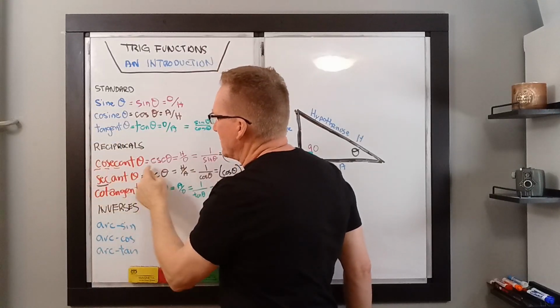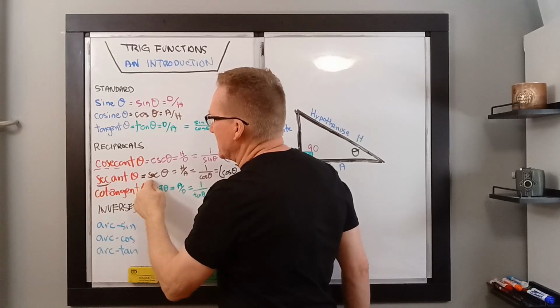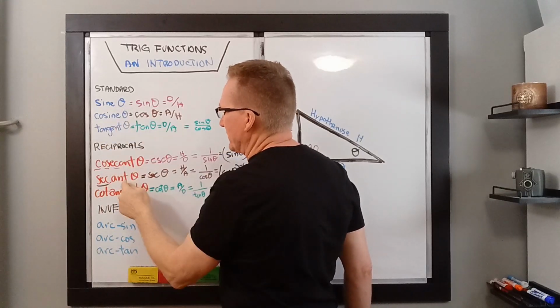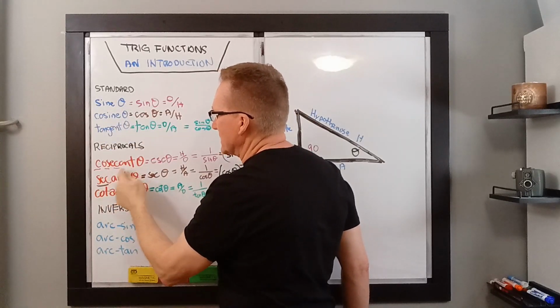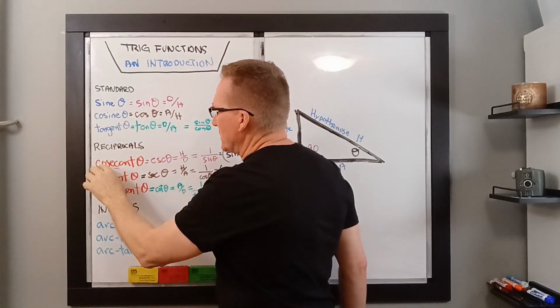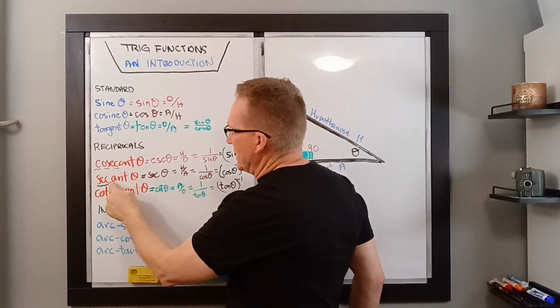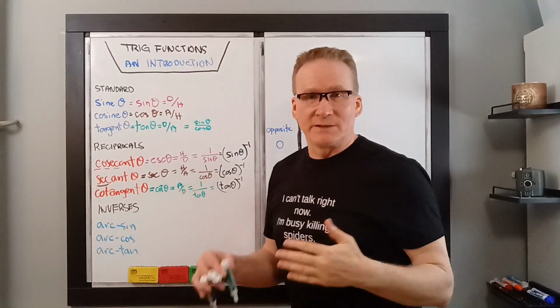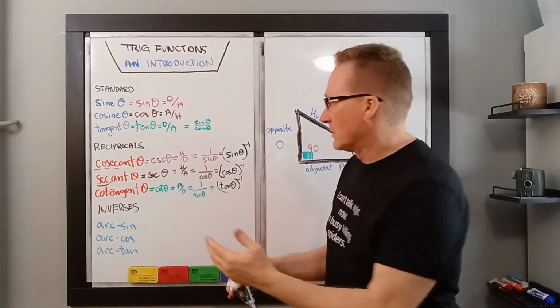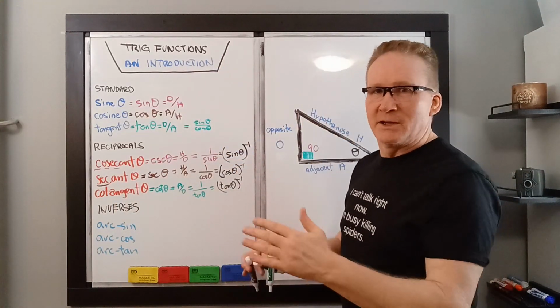But here, the one that associates with the sine has the co in front, and the secant is the one with just the straight old definition. So this is cosecant, and this is the secant. This one is sine, and this one is cosine. So you would expect that the one over the cosine would be the one with the co in front of it, but it's not. I'll explain that in another video where we see the origin of the word secant. But for now, just have to take this.